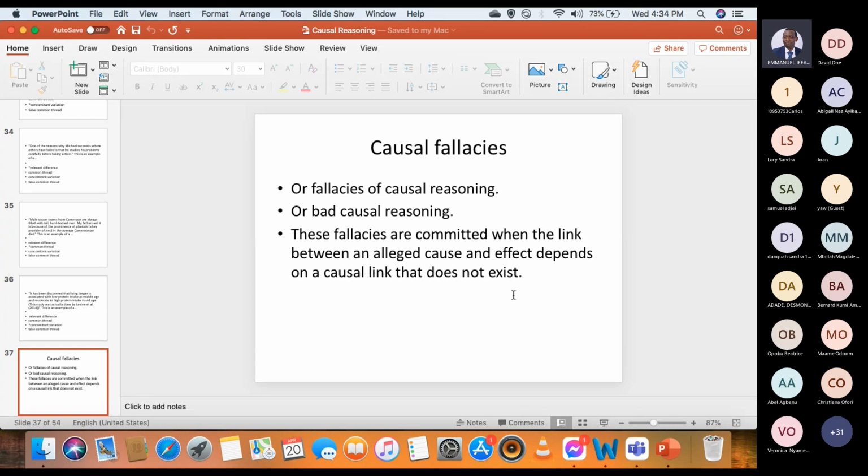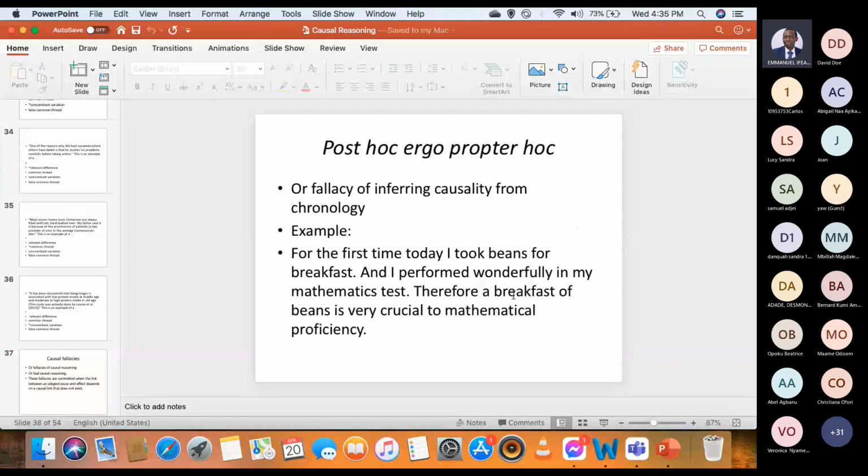Sometimes we identify causes in a bad way, or we identify the wrong causes. So there are some causal fallacies, or fallacies of causal reasoning. We call them bad causal reasoning. These fallacies are committed when the link between an alleged cause and effect depends on a causal link that does not exist. So let's look at some of these causal fallacies.